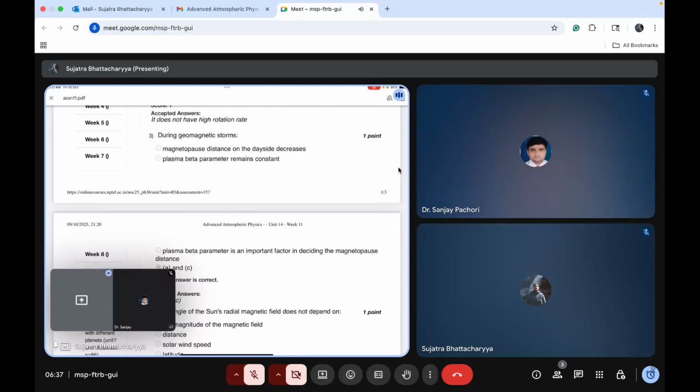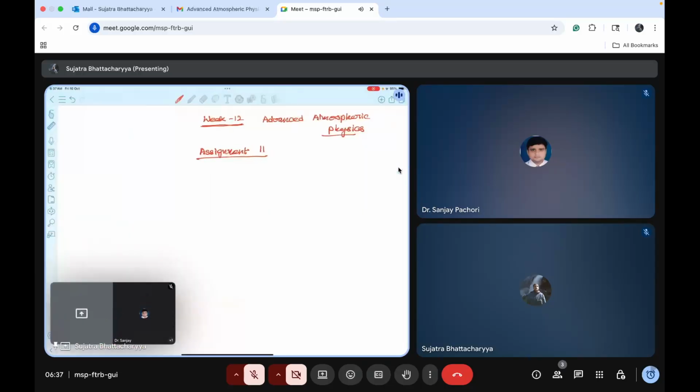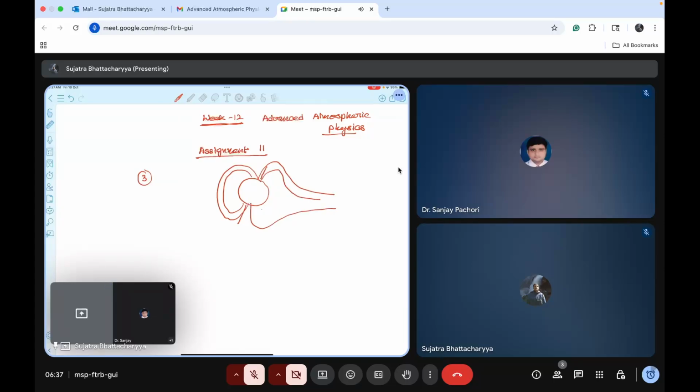When the solar activity is stronger, in general, suppose this is your Earth and this is your axis, the magnetic field gets compressed on the day side, and it expands, elongates like this on the other side. So this is the day side, where the effect of the sun is observed. The day side is always being compressed.